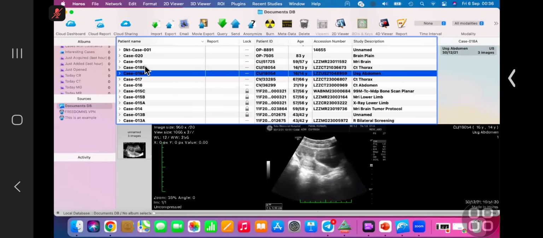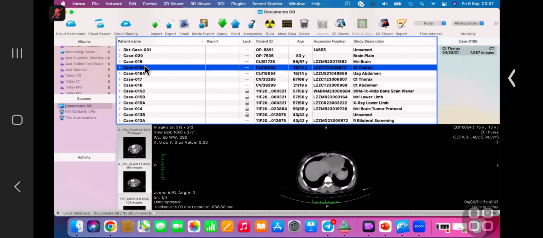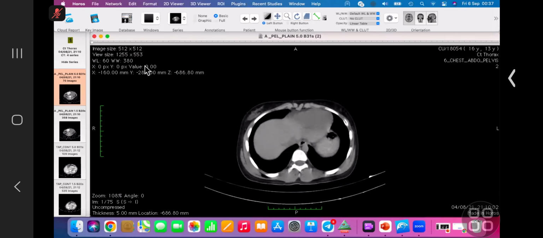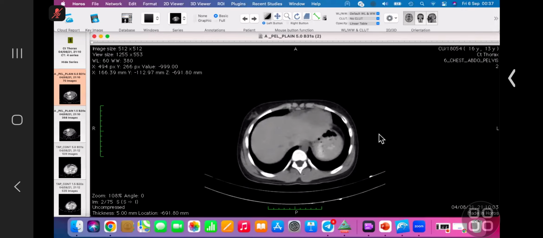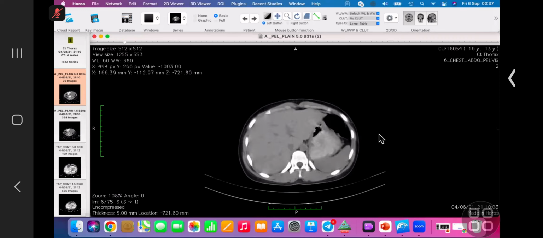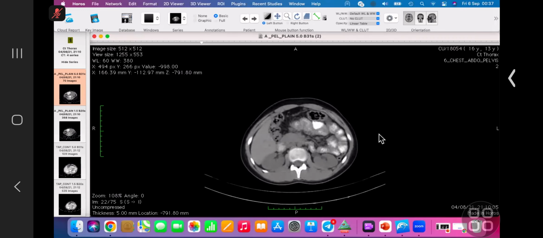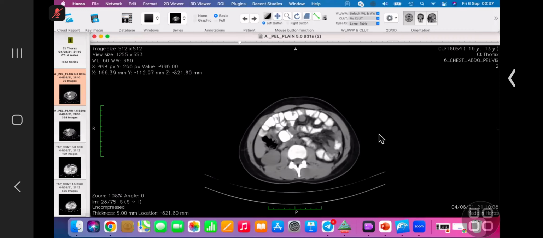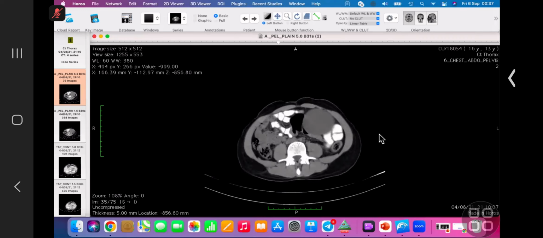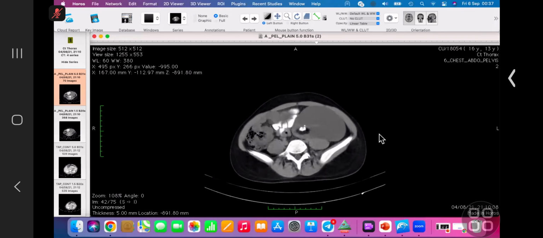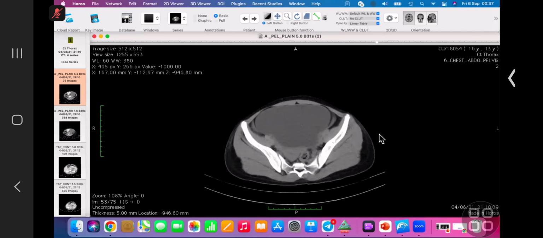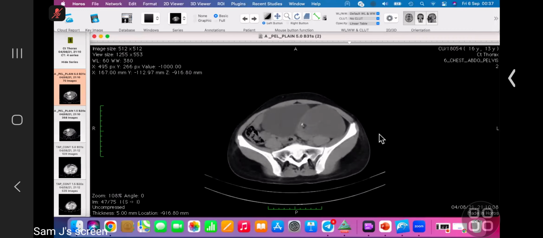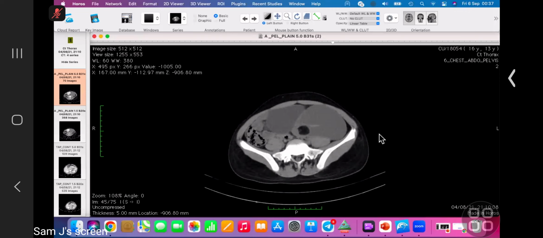Okay, let me show you. Yeah, that's the CT. You can scroll. This is a CT scan for the same patient. I can see that oral contrast was given. In the pelvis, I can see that there is a large, well-defined mass lesion that showed area of hypodensity.